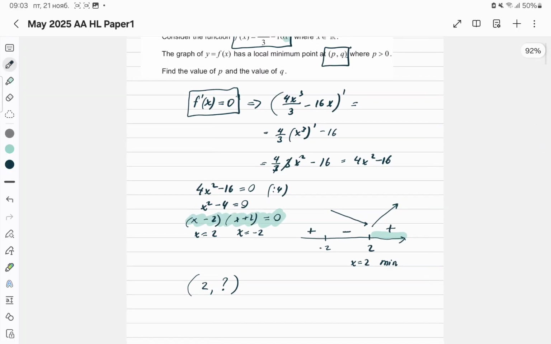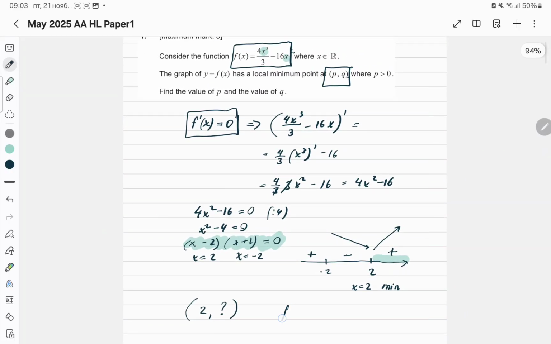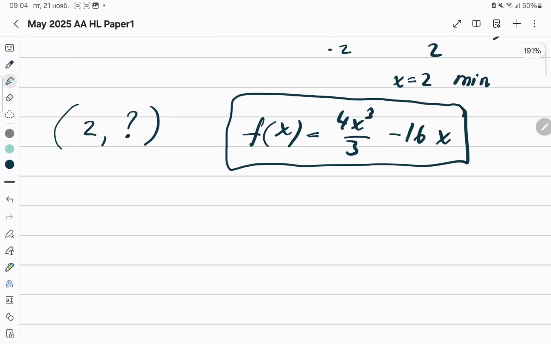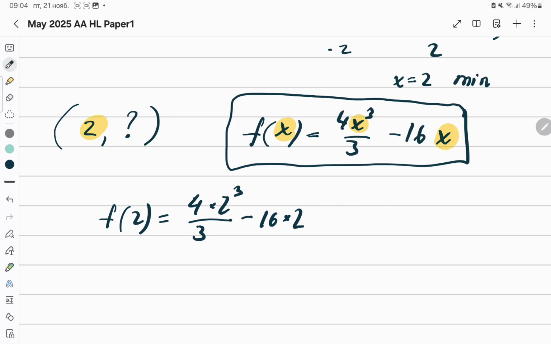Let me copy this function first. f of x is equal to 4x cubed over 3 minus 16x. Now we plug 2 instead of x. So f of 2 is equal to 4 times 2 cubed over 3 minus 16 times 2.